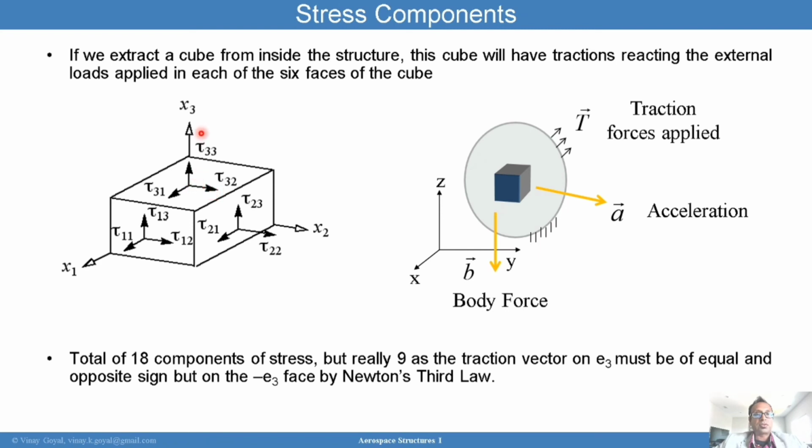So a vector can be decomposed into 3 different directions. In the x1 direction, the x2 direction, and the x3 direction. So that traction vector quantity can be decomposed into tau 3.1, tau 3.2, tau 3.3. And on this face, it can be decomposed into tau 2.1, tau 2.2, tau 2.3. And I'm calling these stress quantities that are components of that traction vector on this face.